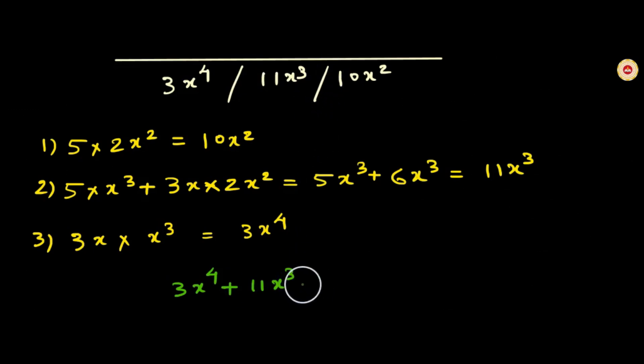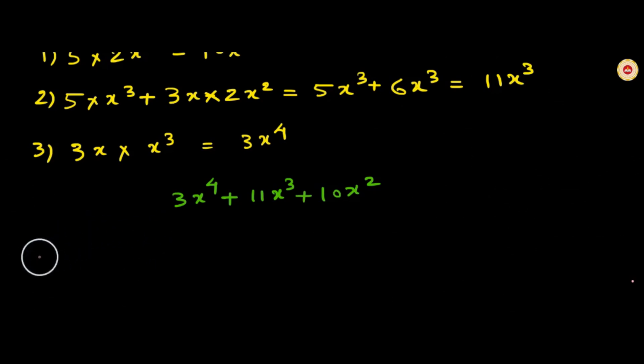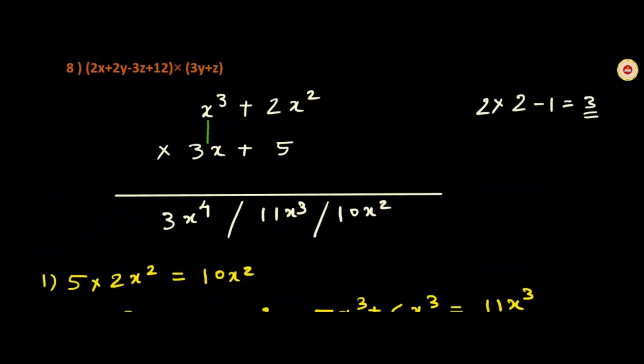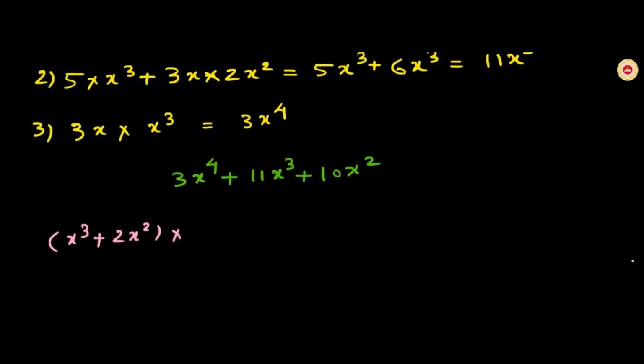Remove this slash and write plus 10x square, correct? So let us verify the answer by applying the Bijanka method. So what is the multiplicand? x cube plus 2x square multiplied by, what is the multiplier? 3x plus 5, and what is the answer?